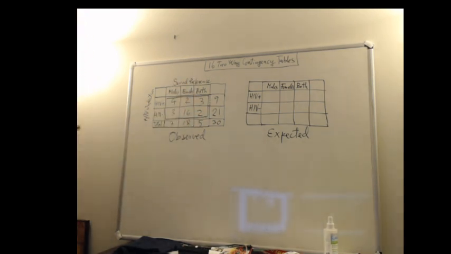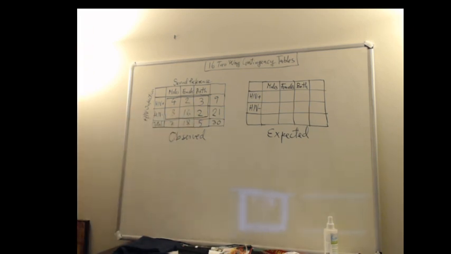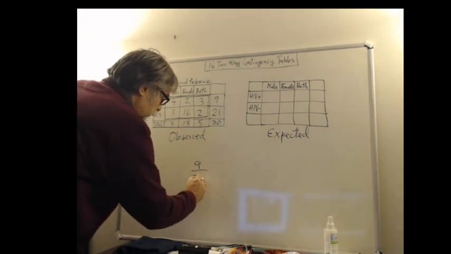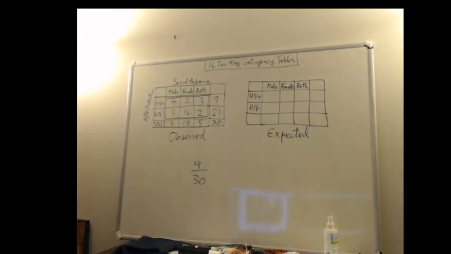Which means these are people that came to test, and we tested them, and we found out that 9 of the 30 are HIV positive, which means that they are infected. That will be 30%, right? 9 divided by 30 is 30%.